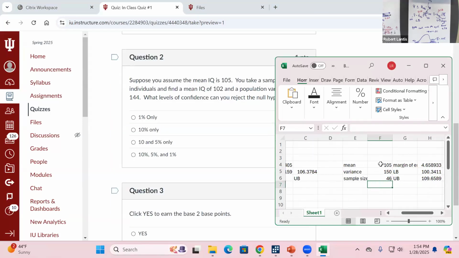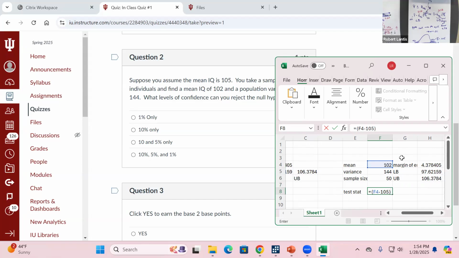So I've got the same values here. I've got 102, 144, and a sample size of 50. So I'm going to find my test statistic, which was just take my sample mean, then subtract the assumed true value of 105.